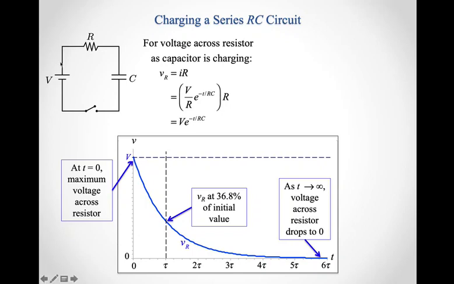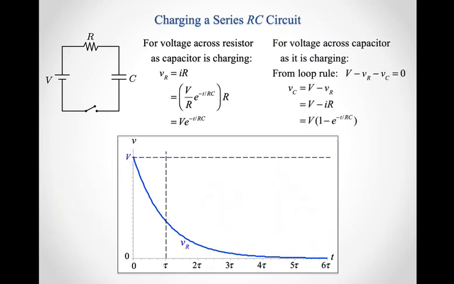So what that tells me is as the current basically drops to 0, there is no voltage drop across this resistor. Once the capacitor becomes fully charged, no current still flows through the circuit because the capacitor basically acts like a battery that's driving current back against the direction the battery is driving it. The back EMF cancels out the EMF of the battery. There's no current left in the circuit. That's when I have my fully charged capacitor.